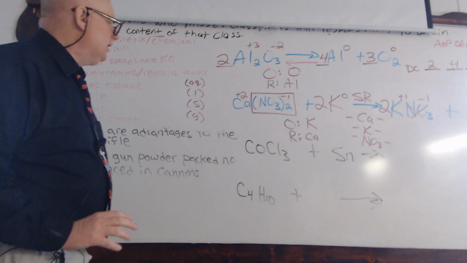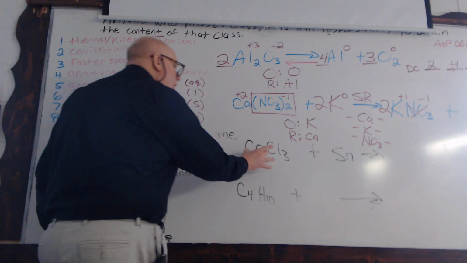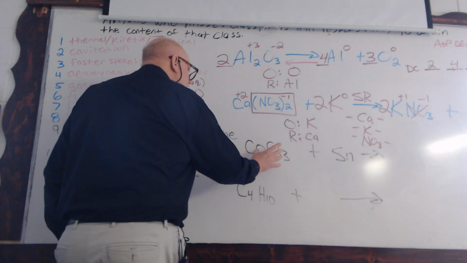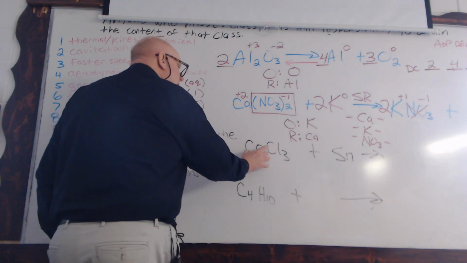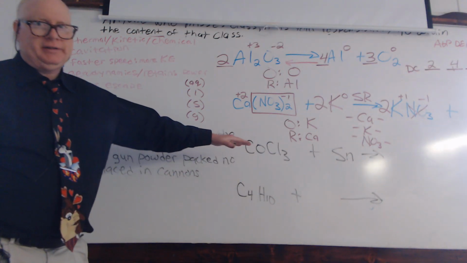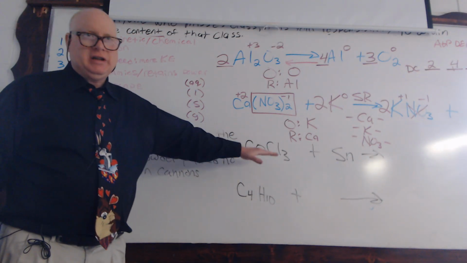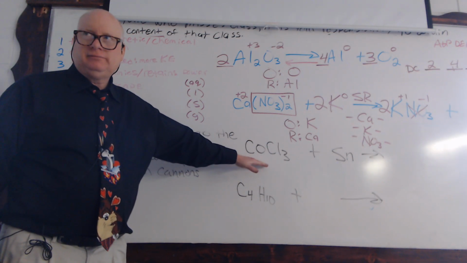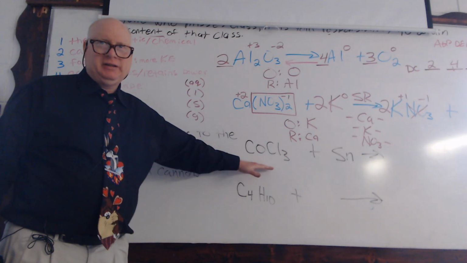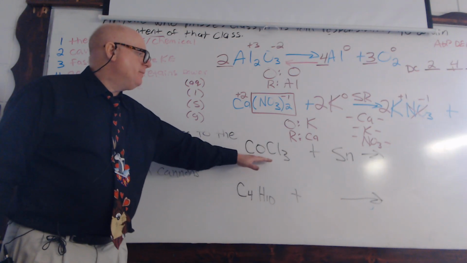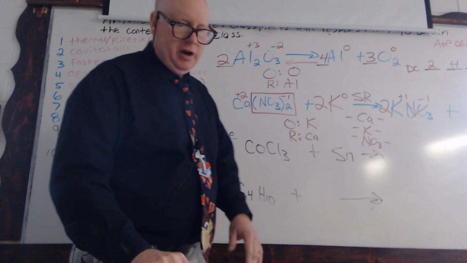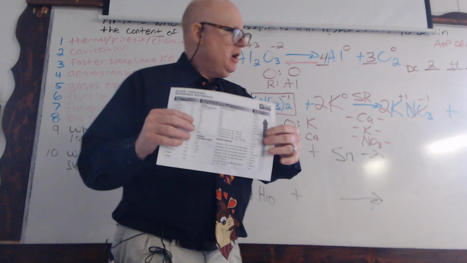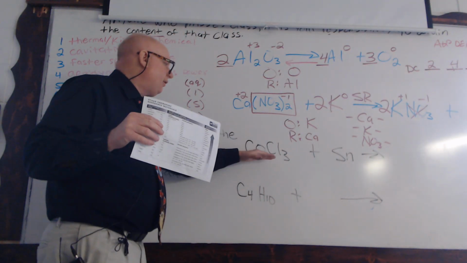So as we look at this, we have cobalt chloride. What type of cobalt? Cobalt 3 chloride. So we look at this on our activity series, what we're saying, we've got this solution of cobalt 3 chloride.